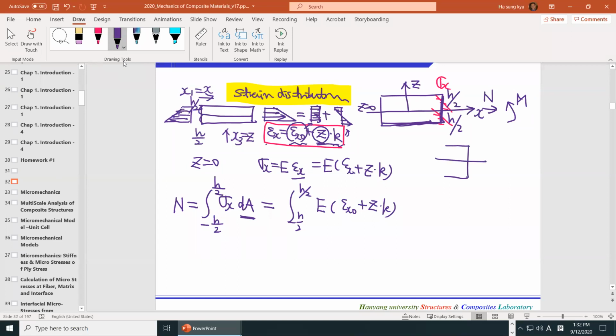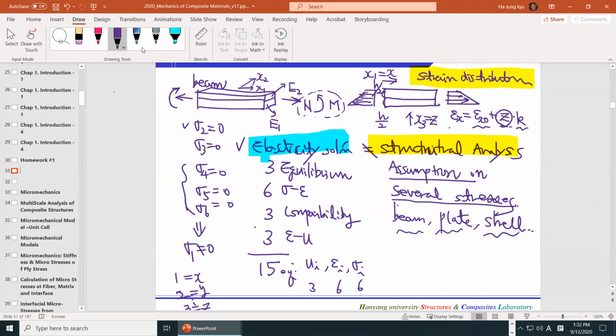Say dA we can call at z, with a small dz. So this corresponds to dz. So dA will be dz multiplied by the width. This beam has a width, let's call it B.